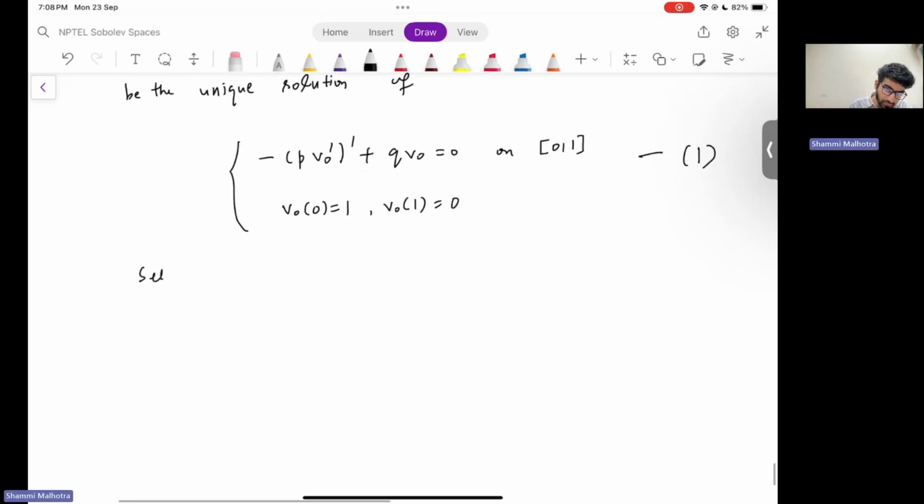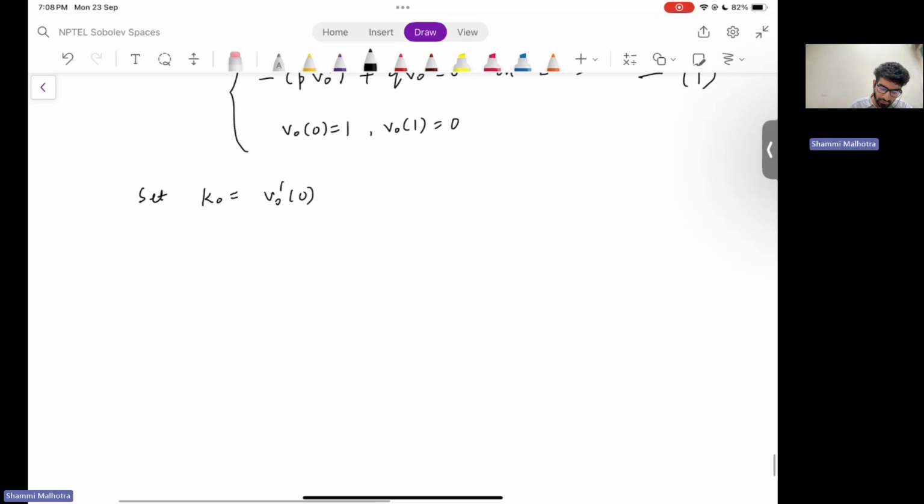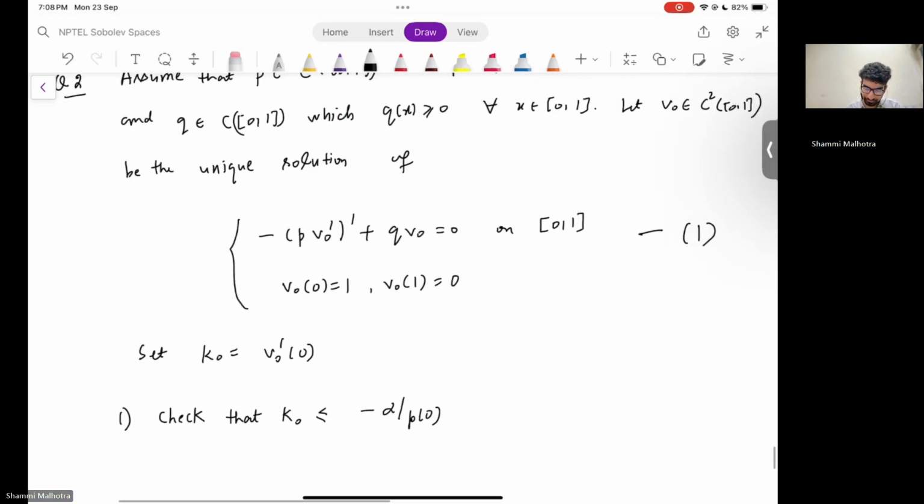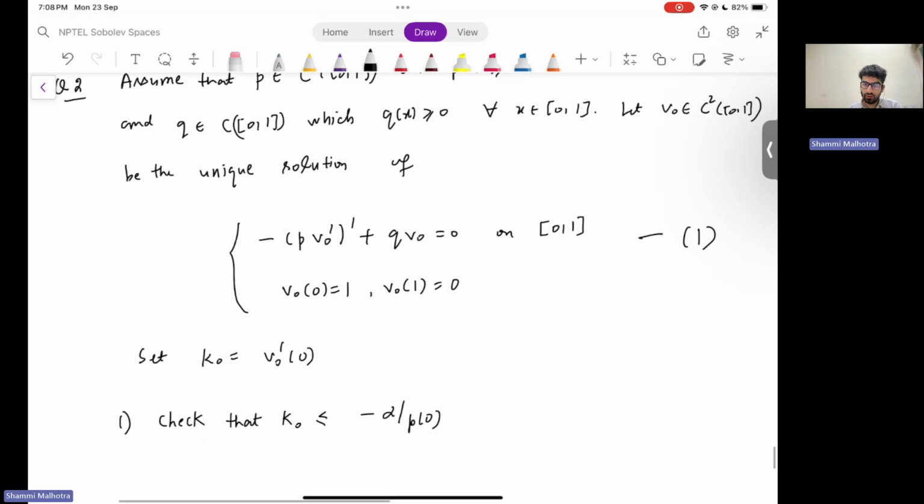And if we set k0 equal to v0'(0), the first thing which we would like to check is that k0 has to be less than or equal to minus alpha divided by P(0). This k0, that is v0'(0), is a negative quantity.